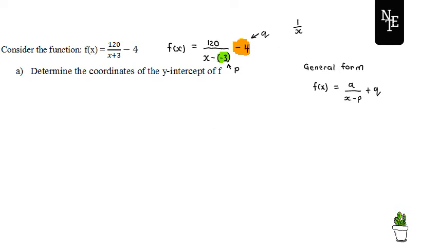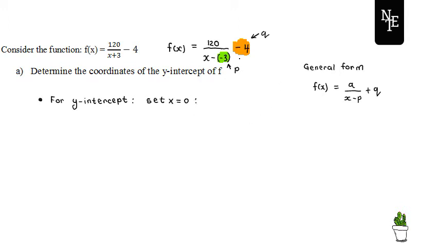So let's go into question number A. In A, they want us to determine the coordinates of the y-intercept of f. So we all know that we always start off by stating what we're doing, and we're just going to say for y-intercept, we're going to set x equal to 0.